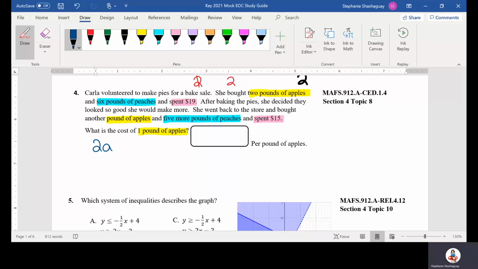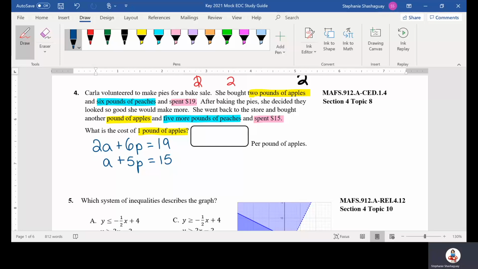And she bought 6 pounds of peaches, so plus 6p. And she spent $19. The second time she bought 1 pound of apples, so just a, plus 5 more pounds of peaches, plus 5p, and she spent $15.